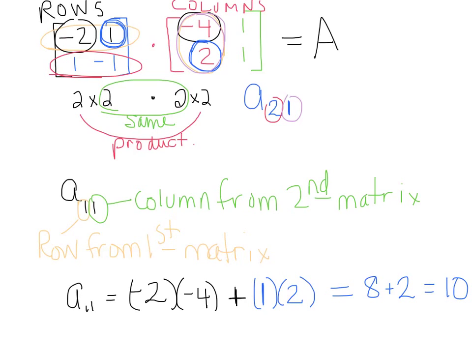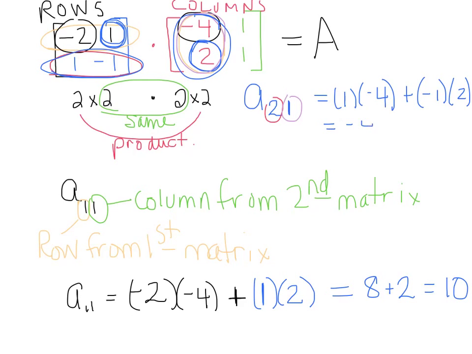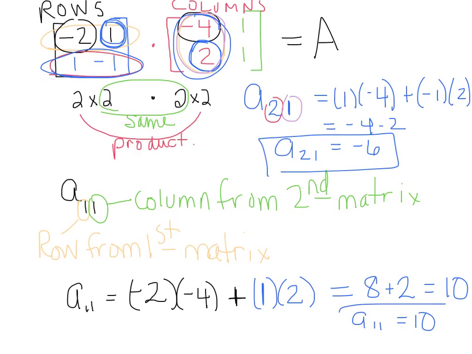Looking at this and this, put the first numbers together, 1 times -4, plus multiply the second numbers together, -1 times 2. And what do we get? You get -4 minus 2, and you get -6. So I know A21 is equal to -6, and so far A11 was already 10. So I have found 2 of my elements for the matrix.